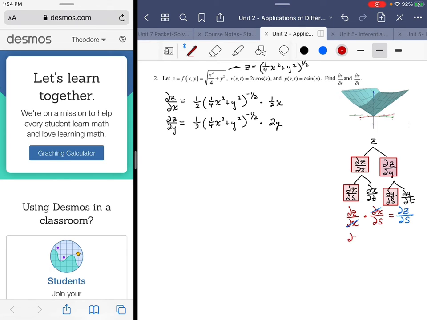So partial z with respect to y times partial y with respect to s, cancel, and you get partial z with respect to s. So it could be one pathway or the other.